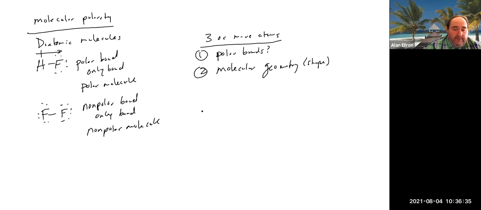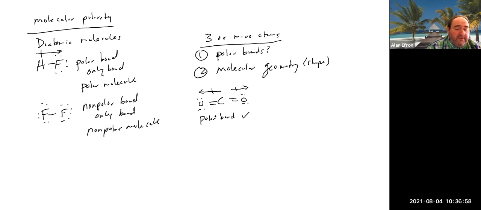For example, we talked about carbon dioxide, and it's a very good example. Carbon and oxygen are in the same period on the periodic table, with oxygen more electronegative, so definitely it has polar bonds. You may be tempted to say it is a polar molecule.